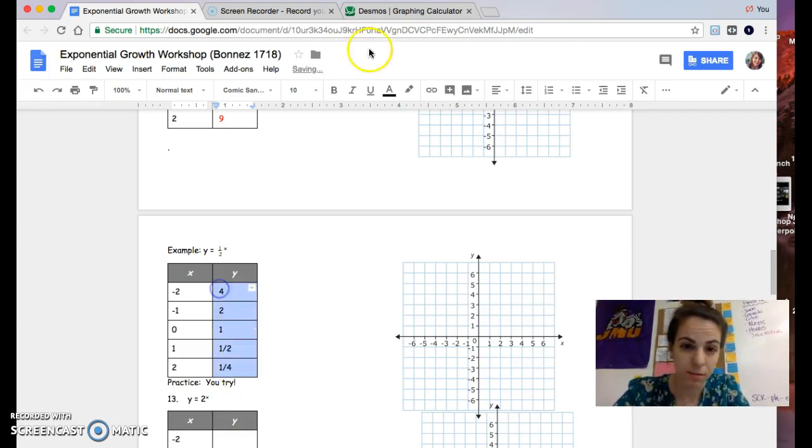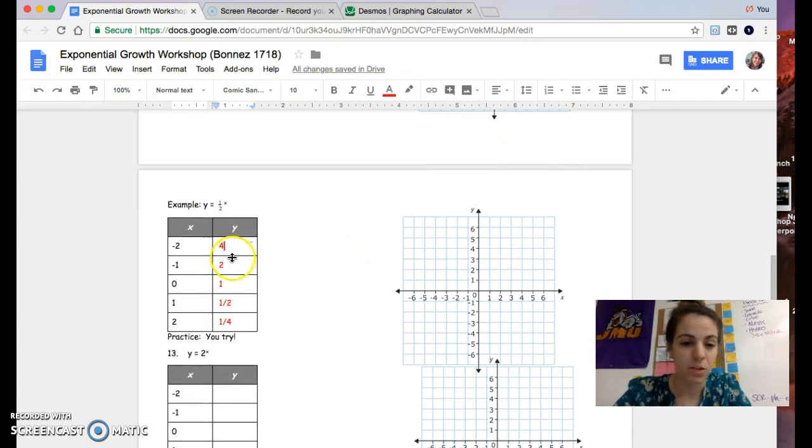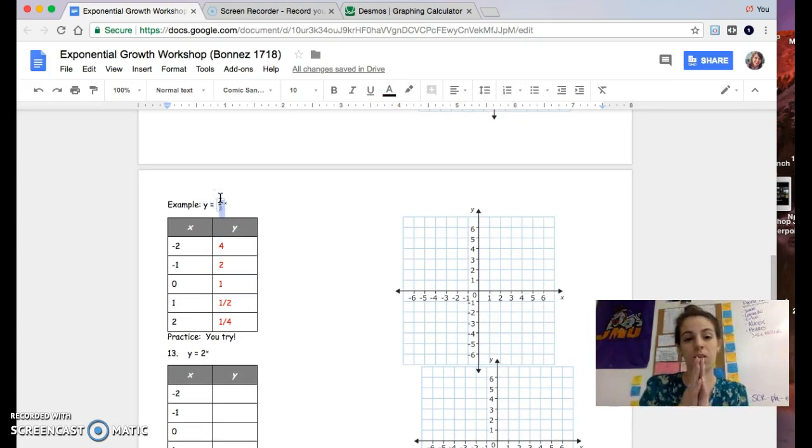So see if you can identify the pattern that's happening here. So notice that our grow by number, our growth factor, is 1/2.